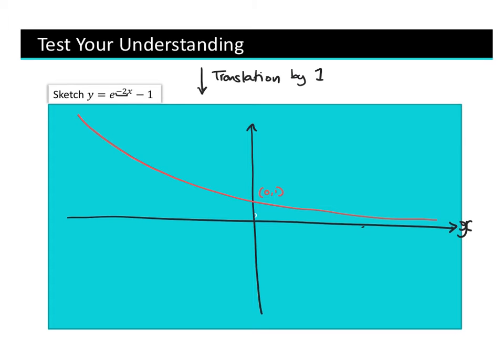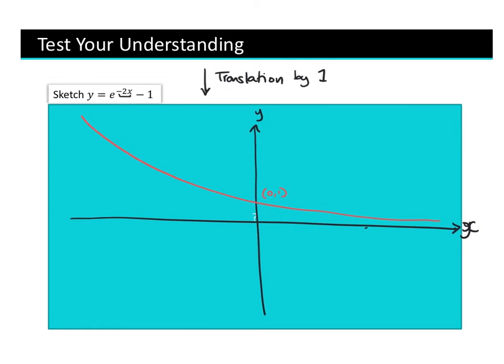So this is just the graph of y equals e to the power of minus 2x. Now, I'm going to minus 1.